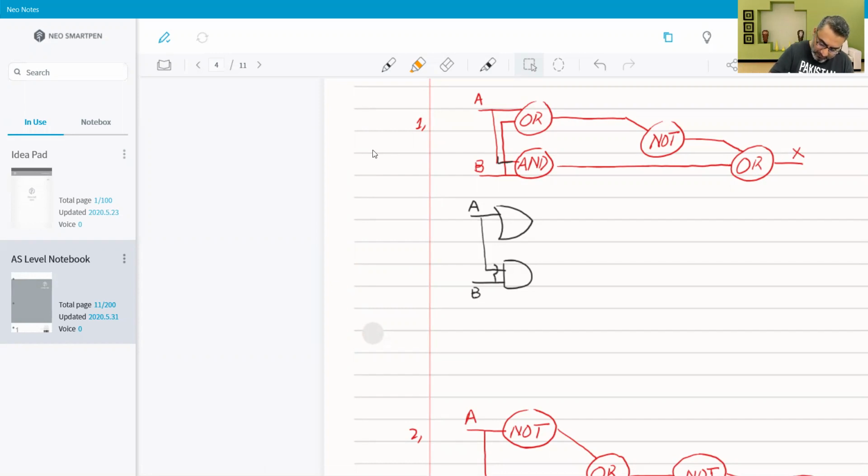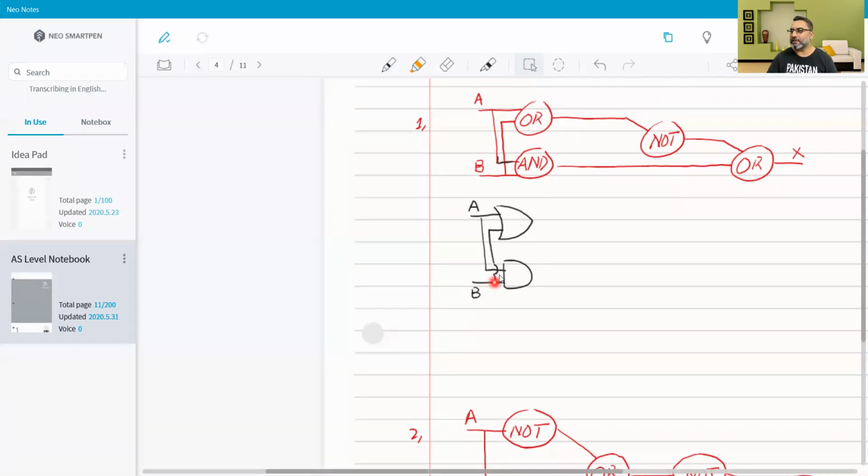So remember, I told you about the bridge this way. So this area is actually bridging. This bridge is telling that these two lines, going from B and coming from A, are actually different.